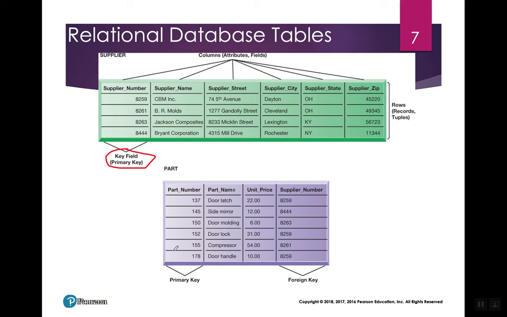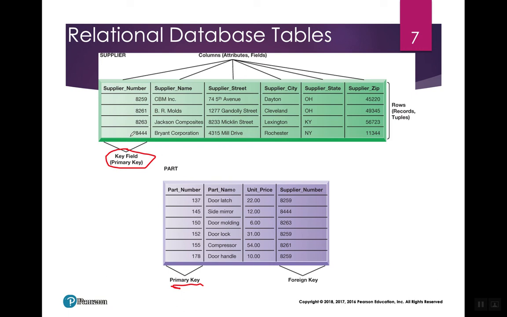Okay, so we've got two tables. So obviously, we just said every table has got a primary key. So in the second table, the part number is our primary key. Right? And then what we have is a supplier number. All right. This is the foreign key.